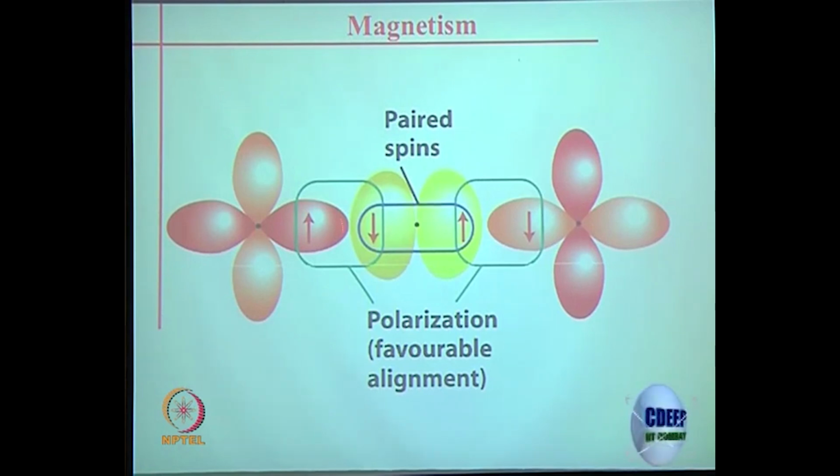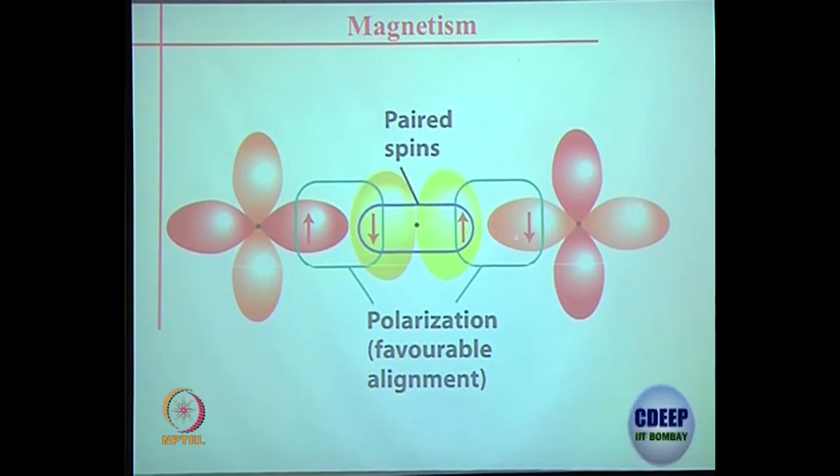But in the presence of a ligand or bridging species having 2 electrons, what will happen? This ligand spin will be down, this is up, this is down, there is a bond formation. If this is down, this is going to be up.